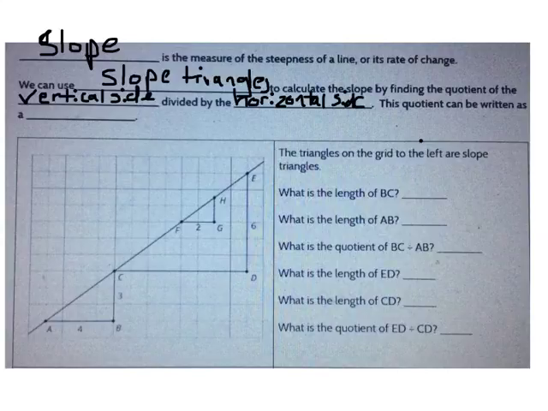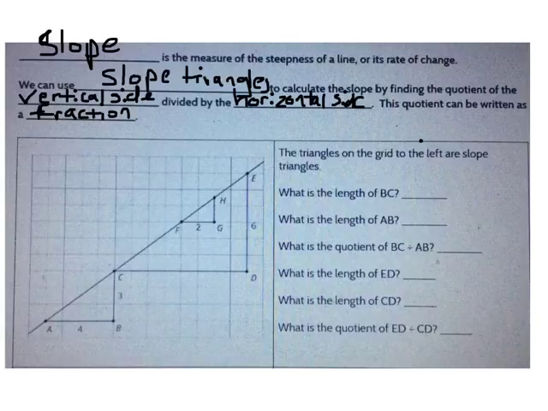This quotient can be written as a fraction. When you see slope in equations for lines, it will always be written as a whole number, a proper fraction, or an improper fraction.